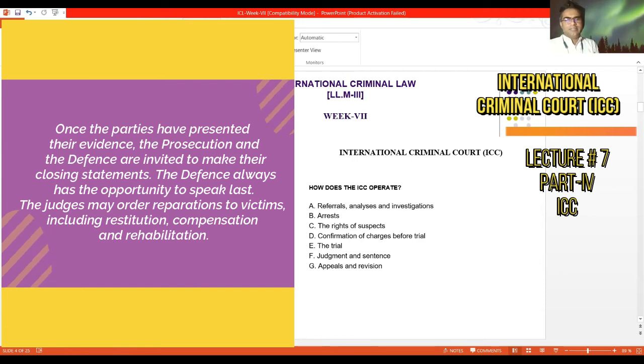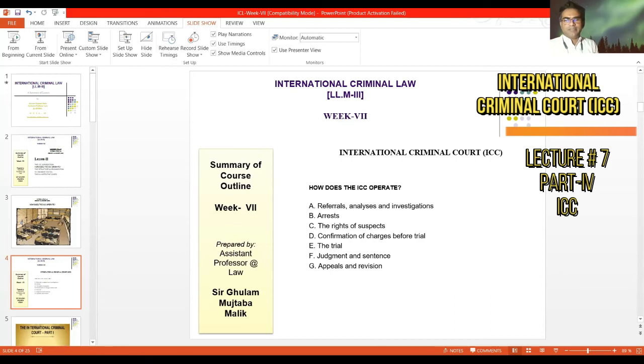Once judgment has been announced, the court will pronounce the sentence as per the severity and nature of the crime committed by the suspect or accused.